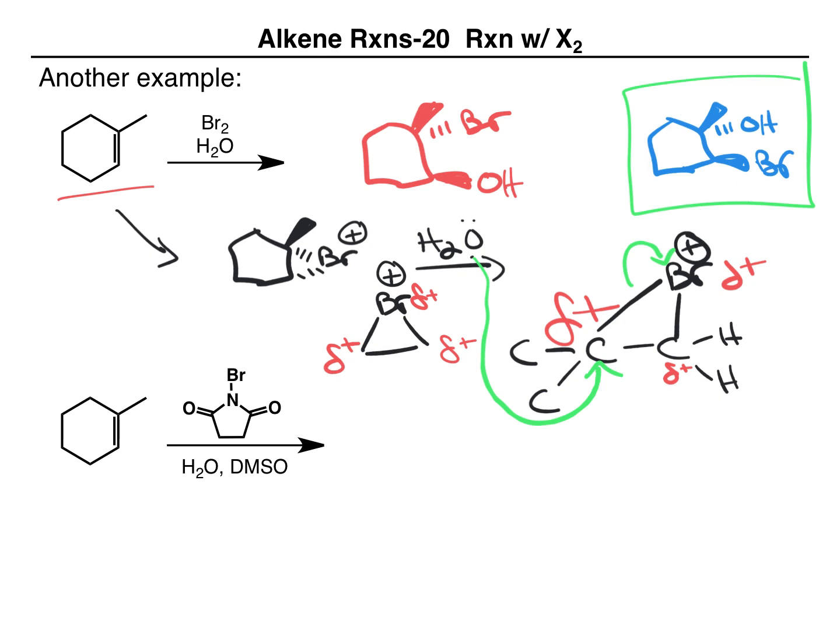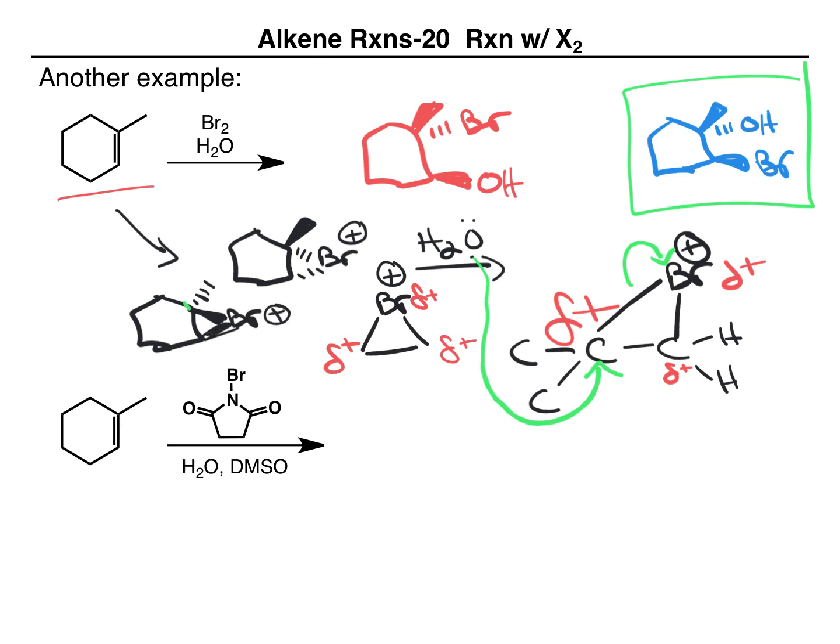Please note that even though I drew the mechanism this way, where the cyclic bromonium ion formed on the back face, it is equally likely that the cyclic bromonium ion will form on the front face. If that happens, then when water adds, it'll still add to this carbon, but this methyl group would be back while the cyclic bromonium ion is in front.